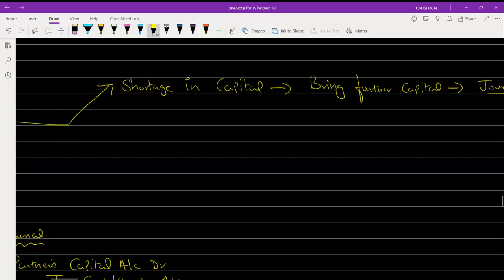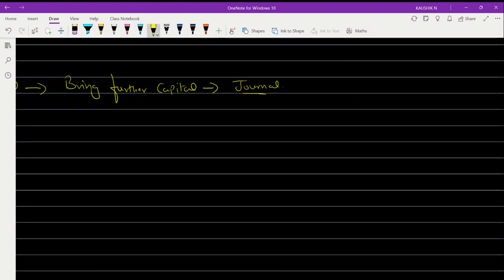So in the previous case it was cash or bank account debited, but here it is the concerned partner's current account. For example, among A, B and C, three partners, if partner B only has to bring further capital, then B's current account will be debited. So the concerned partner's current account is debited.